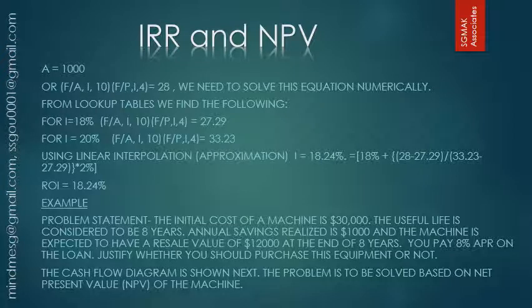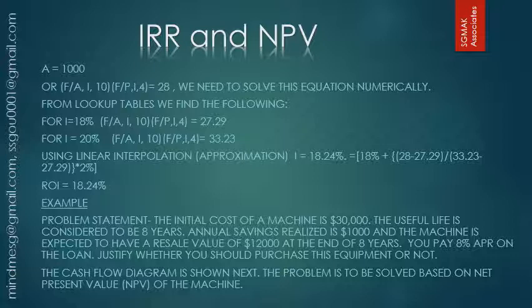A is 1,000. So the product of these two factors, F over A, i, 10 and F over P, i, 4, equals 28. Each one is a polynomial in terms of i, and so what you do is solve it numerically.